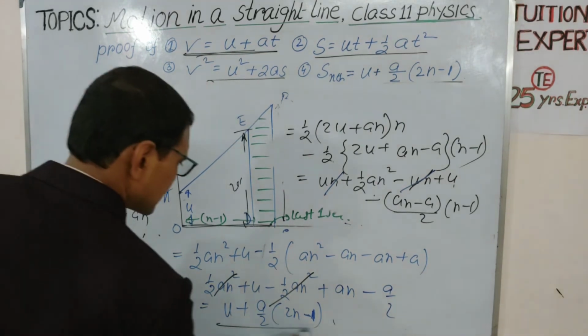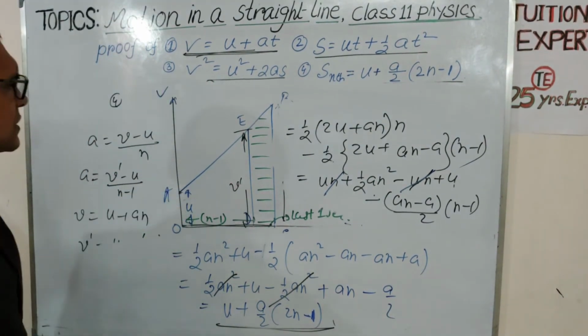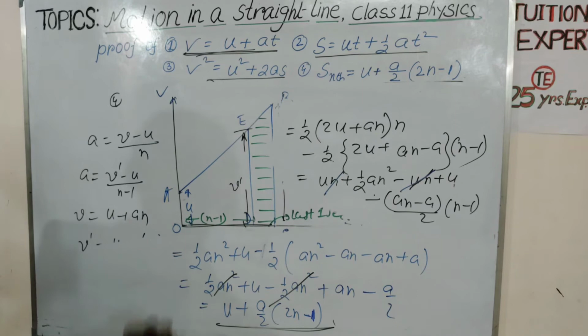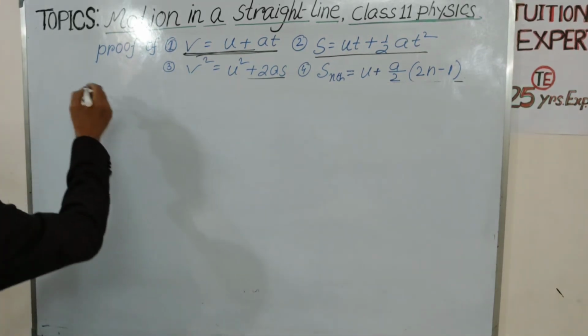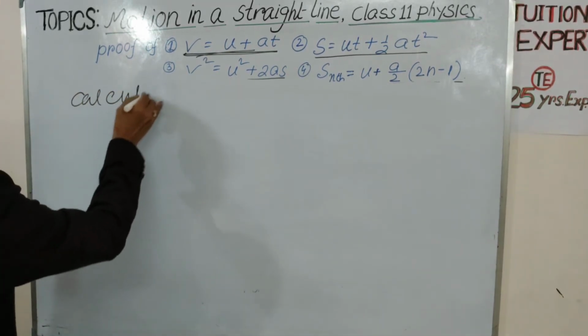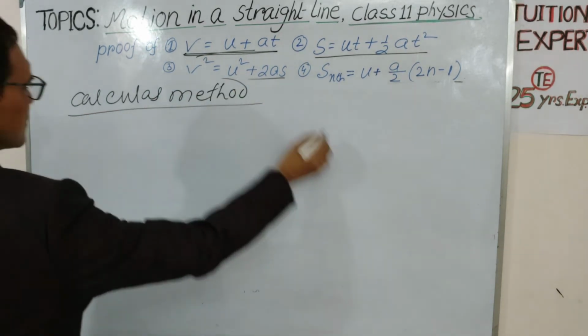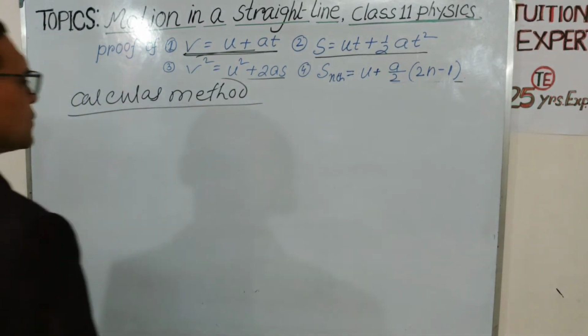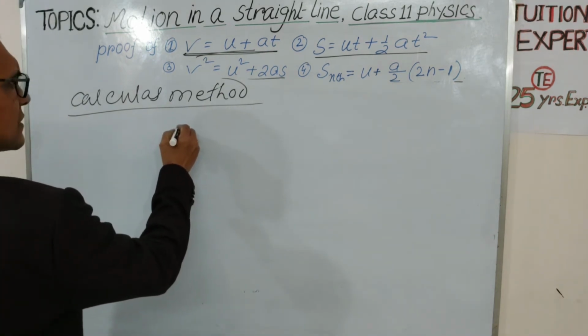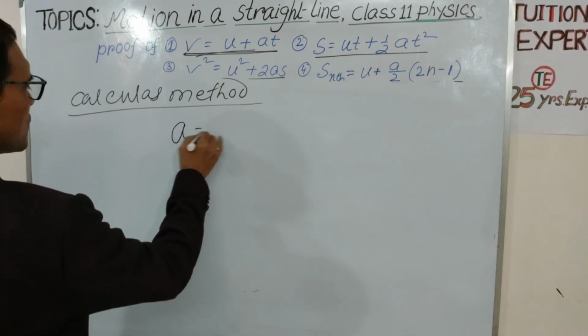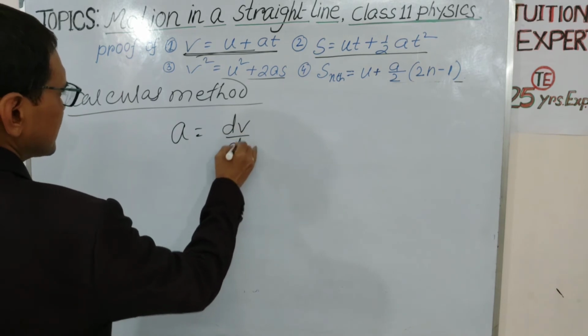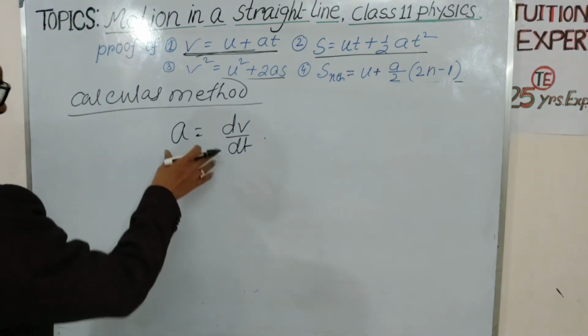So the result is this. This is the proof in the graphical method of all the formulas. Now next, the calculus method. Now we know acceleration equals dv by dt. This is the calculus formula.